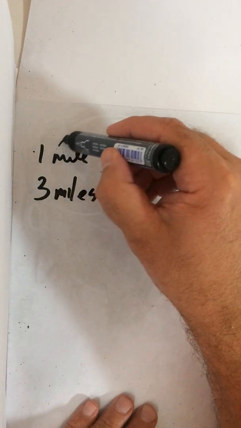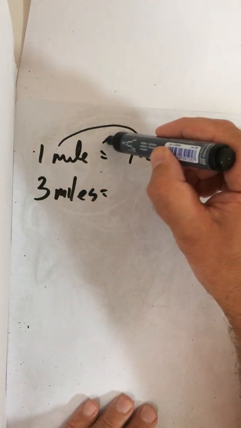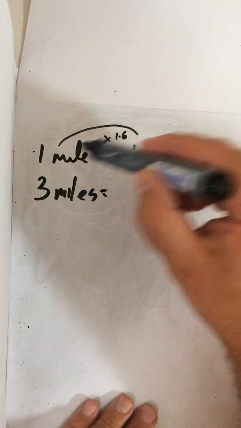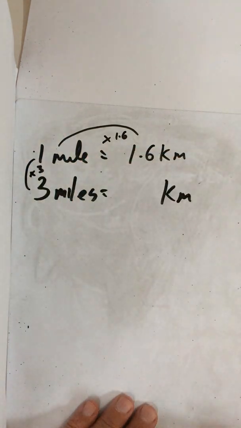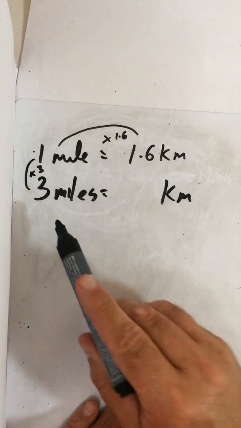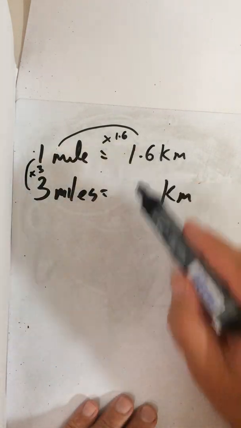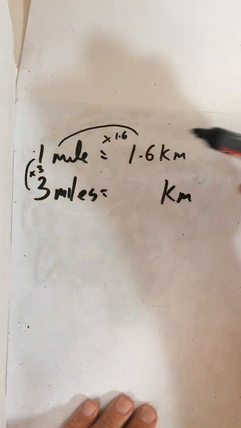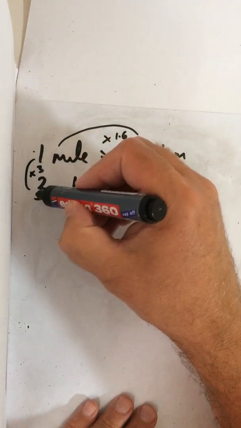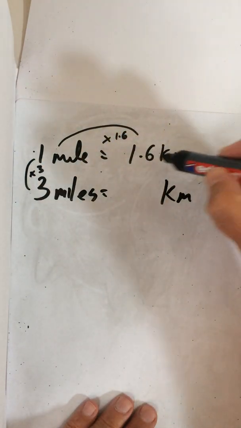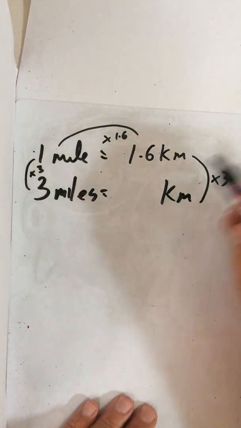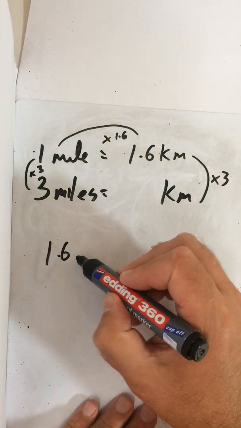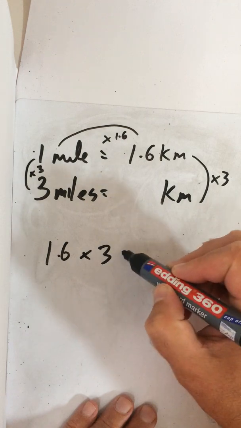To get from the 1 to 3, I'm timesing by 3, so to get the 1.6, I'm also going to times by 3. So the sum I'm going to do is 1.6 times 3.